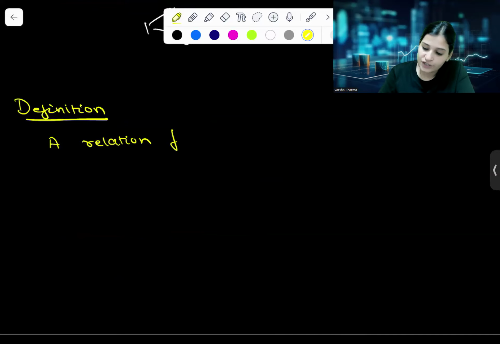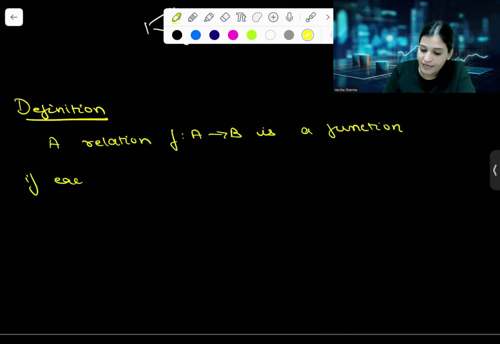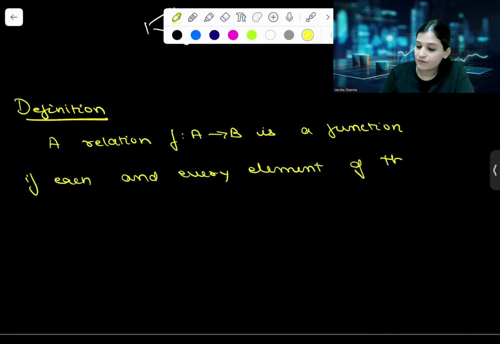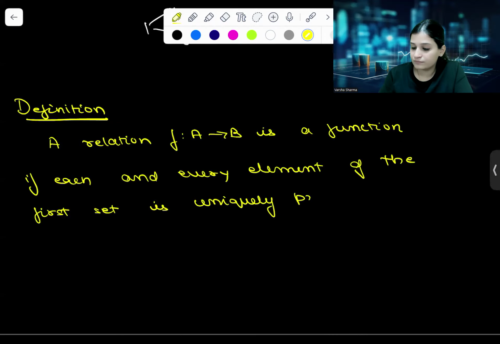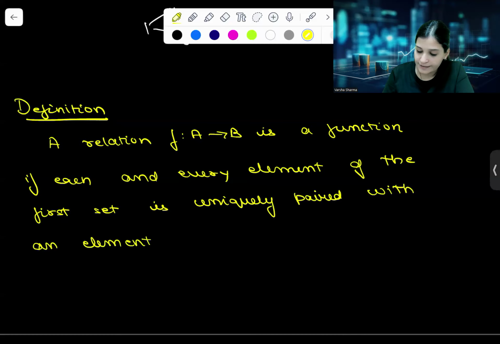A relation f from A to B is a function if each and every element of the first set is uniquely paired with an element of the second set.